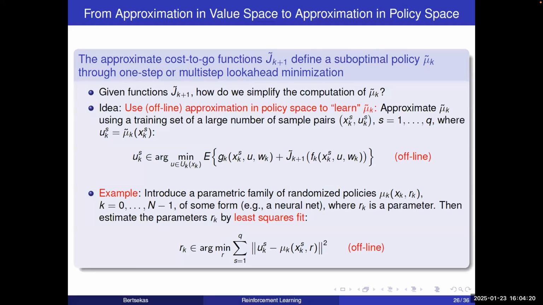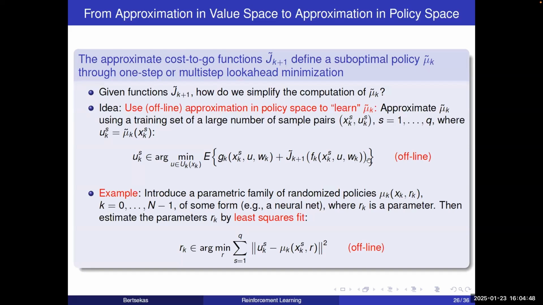Is the main point of this approach to get around all the approximation and minimization associated with approximation? Exactly. So basically, after we have this J tilde, if we only have this J tilde, during real-time operation we will still need to carry out this minimization calculation, which can be costly. And in the minimization, for each uk, we need to compute the expectation. So this whole thing can be costly.